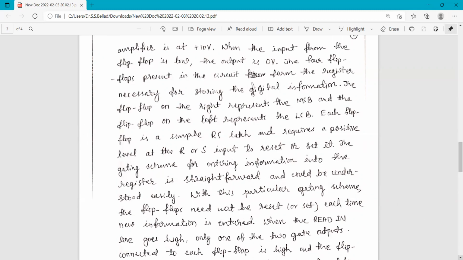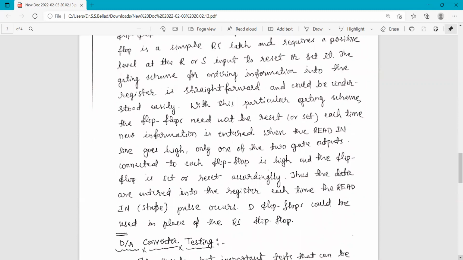So as I told, the output of the gates will be high only when certain logical conditions are satisfied at the input level. So here with this particular gating scheme, the flip-flops need not be reset or set each time new information is entered.